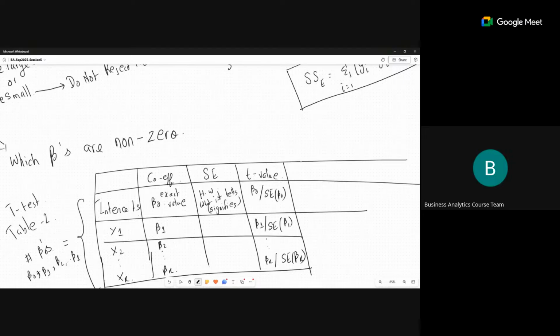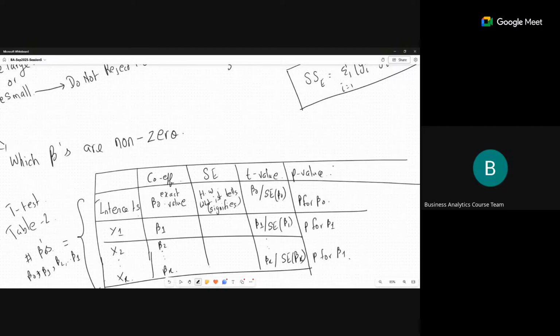Once you get a statistic, you will obviously have the p-value, which will tell you whether it is significant or not significant. You will have P for beta 0, P for beta 1, and so on up to P for beta k.